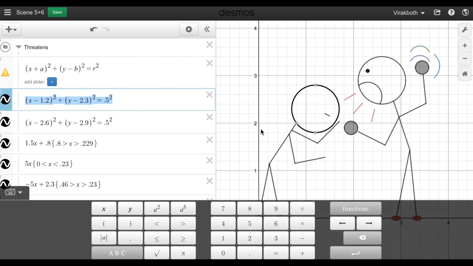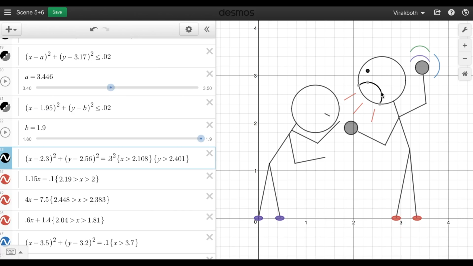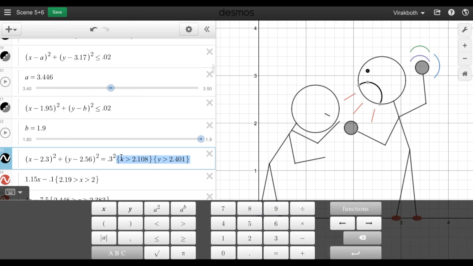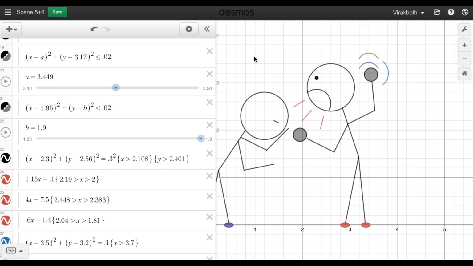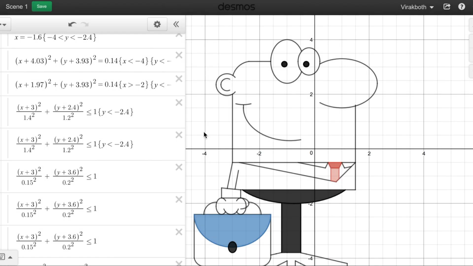And for example, to create the mouth with just part of the circle, I set the circle's both domain and range. In scene 5, to make the hand of the character move horizontally, I set the domain of A, and to make it move vertically, I set the range of B to create the animations of the hand moving.